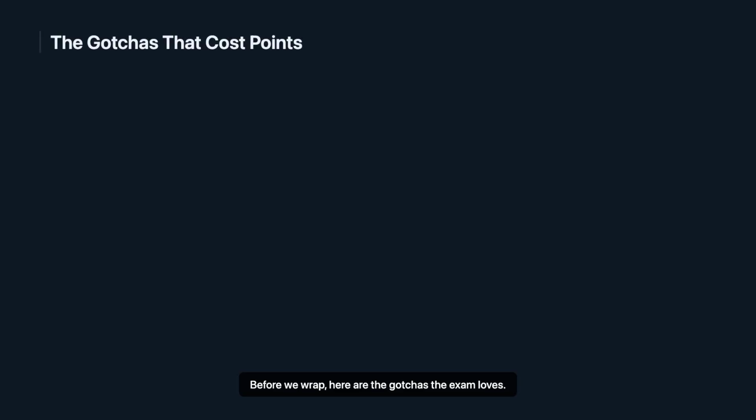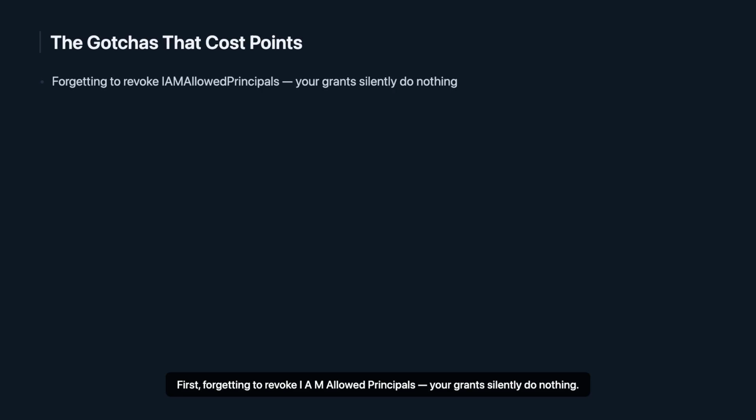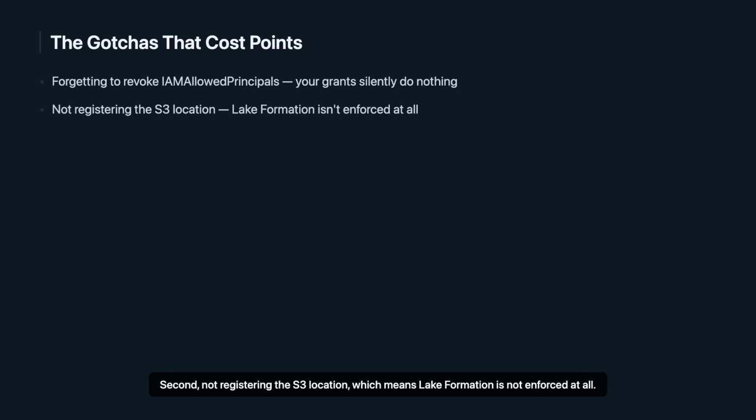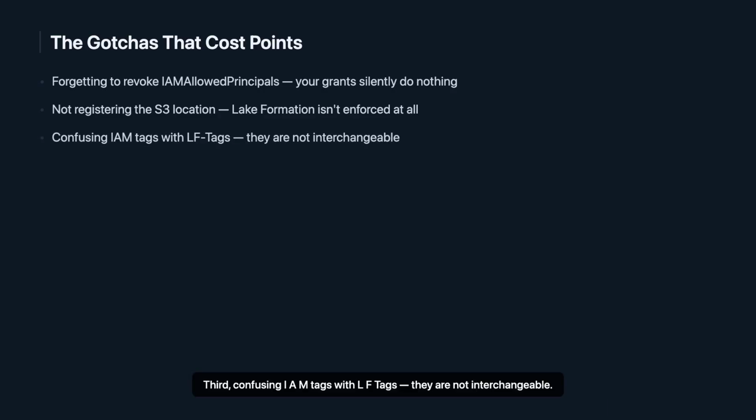Before we wrap, here are the gotchas the exam loves. First, forgetting to revoke IAM Allowed Principals: your grants silently do nothing. Second, not registering the S3 location, which means Lake Formation is not enforced at all. Third, confusing IAM tags with LF tags; they are not interchangeable.